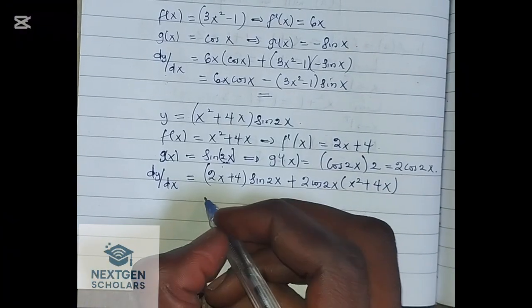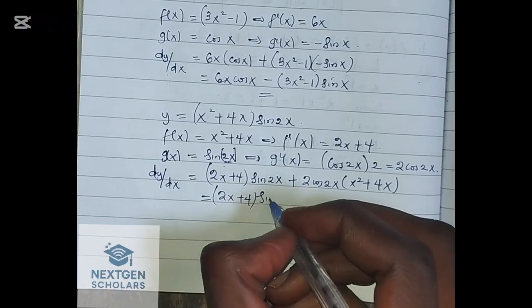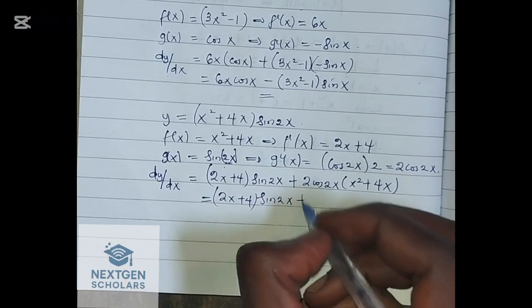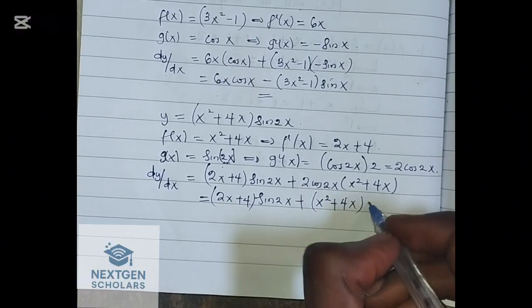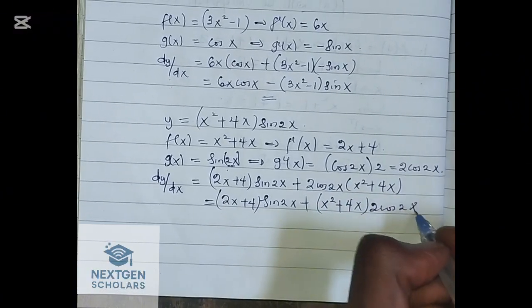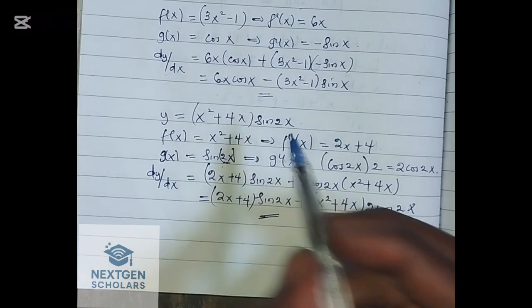So at the end we have (2x plus 4) sine 2x plus (x squared plus 4x) into 2 cosine of 2x. Now this is what we get when we differentiate this function.